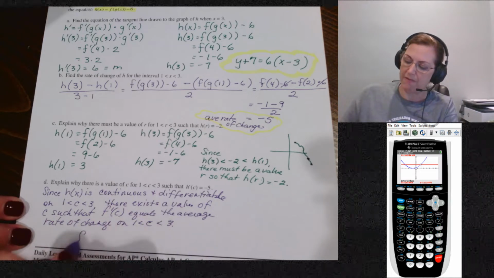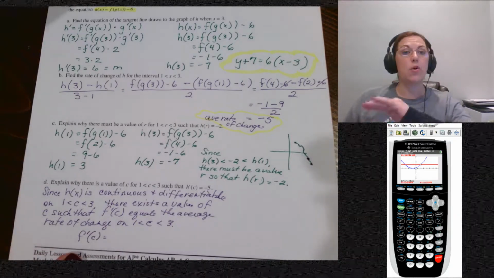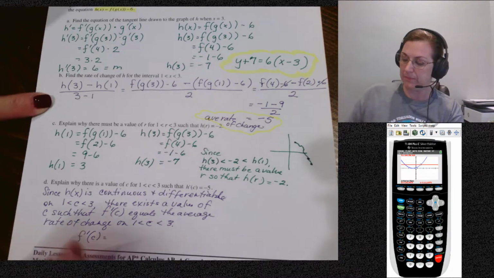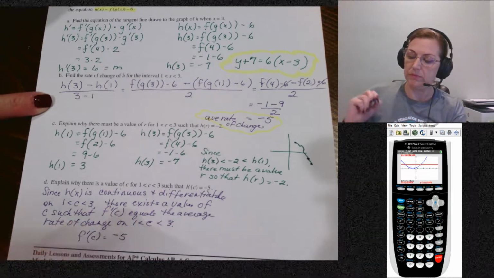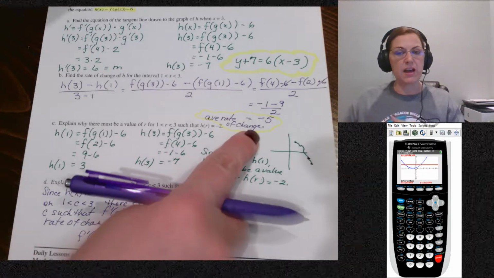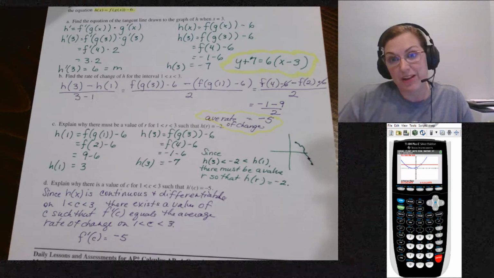Okay, so h prime of c has to equal that average rate of change. Now, friends, we already found the average rate of change back in part B, which was -5. Okay, so save yourself the time. Don't work through all of that calculation to just find an answer you already found.